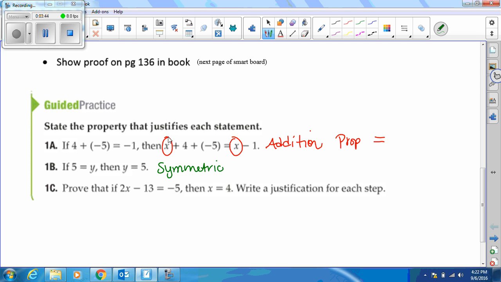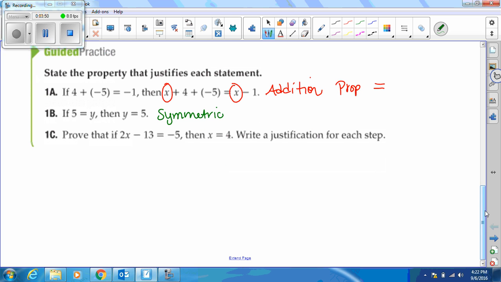And the last one we're going to do here is a proof, where we're going to solve it and write our justification. So we're going to start with our given. And then the first thing we would do would be to add 13 to both sides. That's our addition property.